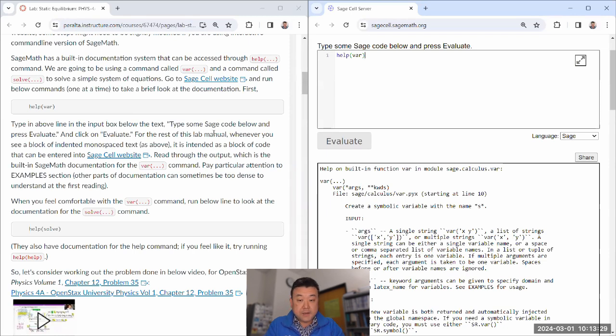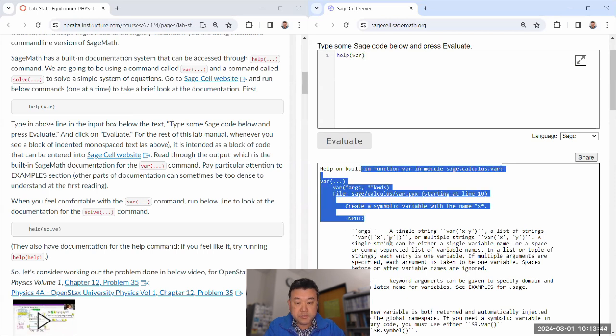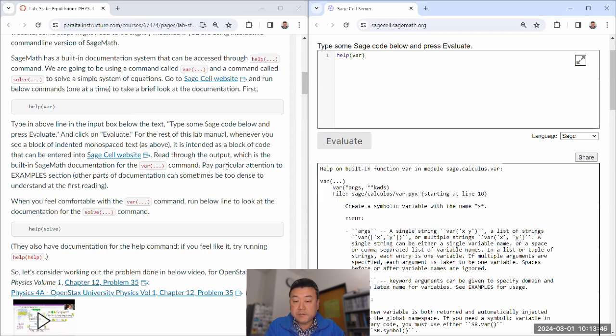For the rest of this lab manual, whenever you see a block of indented monospaced text as above, it is intended as a block of code that can be entered into the SageCell website. Read through the output, which is the built-in SageMath documentation. For the var command, pay particular attention to the example section. That's what I'm saying. Other parts of the documentation can sometimes be too dense to understand at first reading.